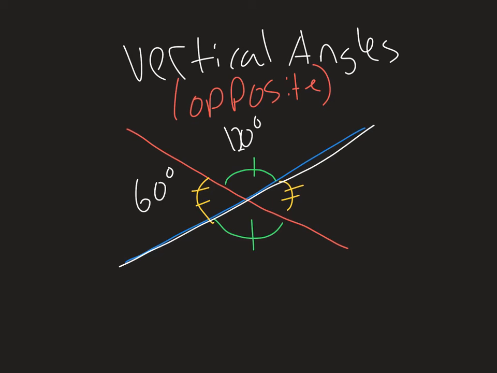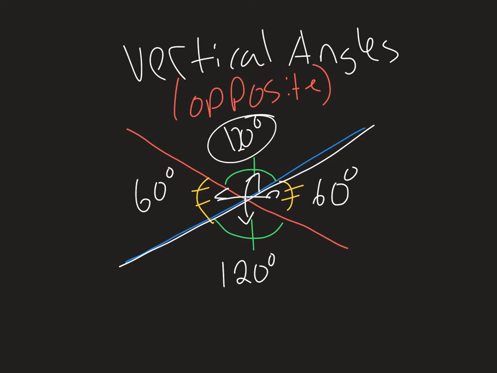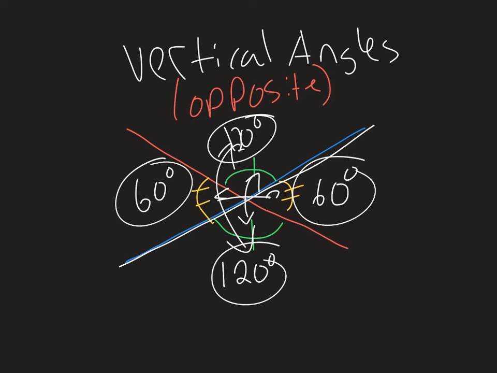And then we could make the deduction, well, the way these lines have intersected, it shouldn't matter what angle it is, these two are going to be the same. So this is also 120 degrees, and this is also 60 degrees. So the vertical angles in this case would be the two that are the same. So there's technically two pairs of them here. But vertical angles just describe this phenomenon.